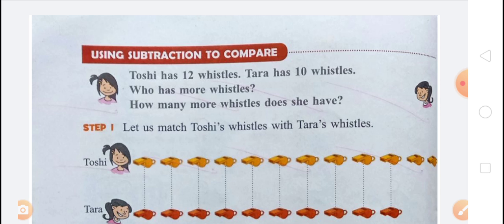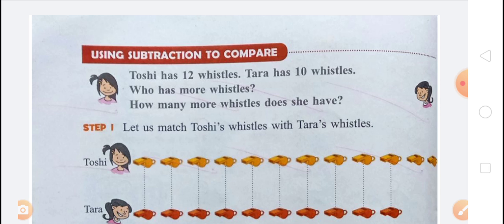And the next topic was subtracting from numbers ending with 1. We have solved questions of exercise 3.1, and now we have to learn exercise 3.2, which solves some questions related to using subtraction to compare.